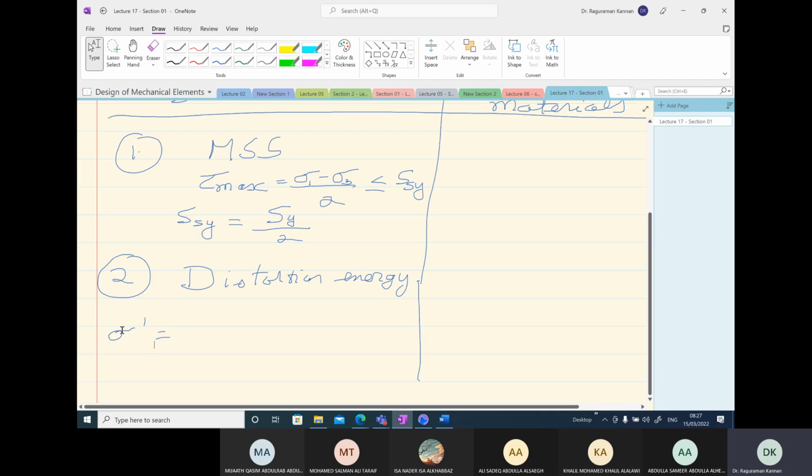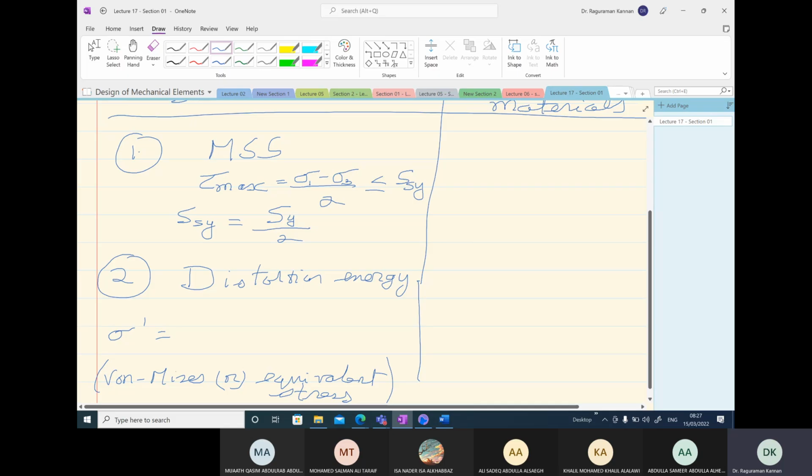So what does the distortion energy theory provide? It will help you find a single number, a single stress value, what is called the equivalent stress or von Mises stress, which you can compare to the yield strength and then say whether failure will take place or not.